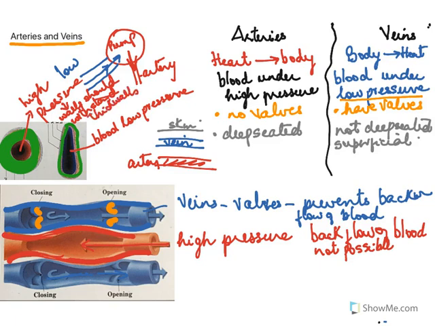So one more point here, arteries are very thick walled, and veins are thinner walled. So this is the main difference between the arteries and the veins.